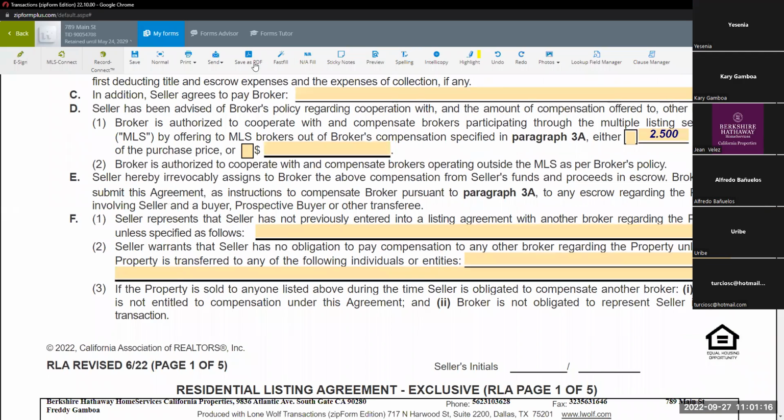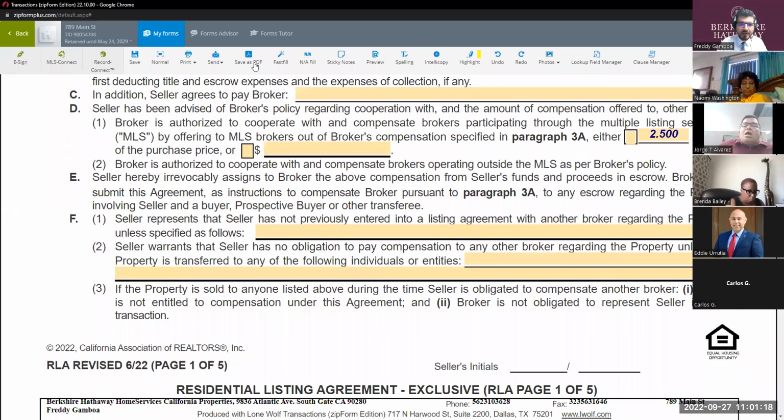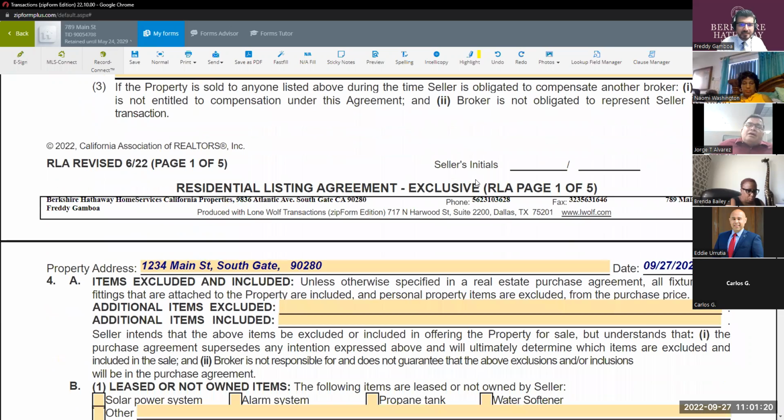None? No questions? Okay, let's move on. Freddy, yes. I was thinking about the lack of commission if the neighbor buys. Can you negotiate that he pay for any expenses that you incur? Yes. Like what kind of expenses do you want?